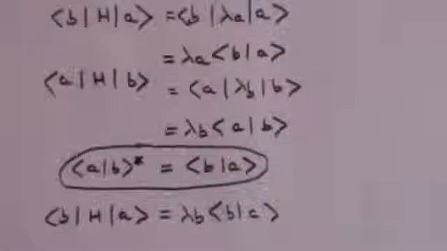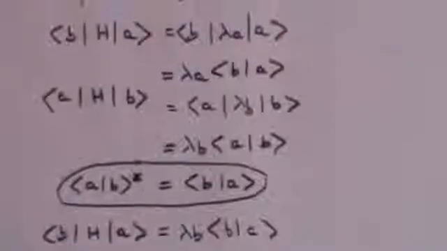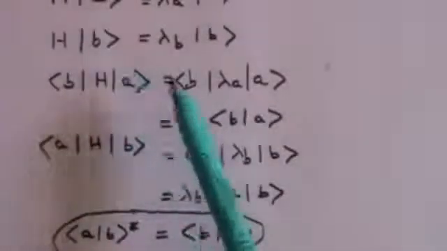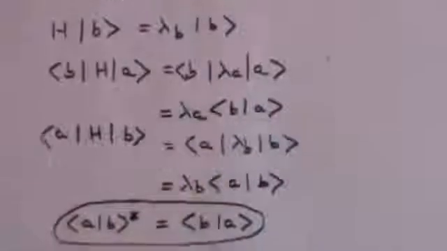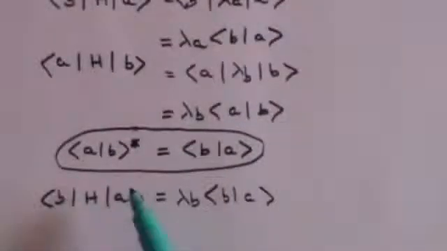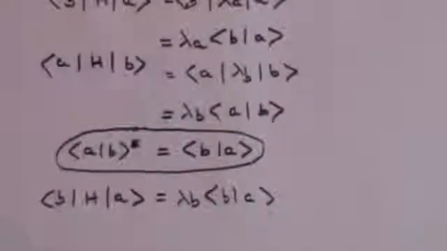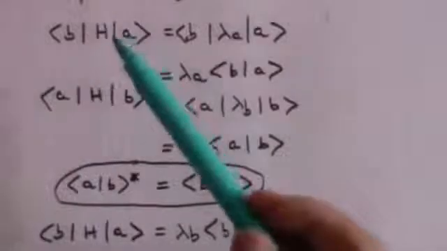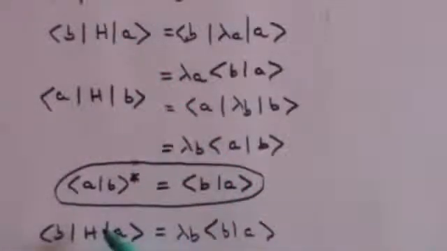And now you'll notice that I've got two equations with BHA. BHA equals lambda A BA. And here we've got BHA equals lambda B BA. So if I subtract the two, can we get them both on the screen? Yes. If I take that one minus that one, so I'm effectively subtracting one from the other.